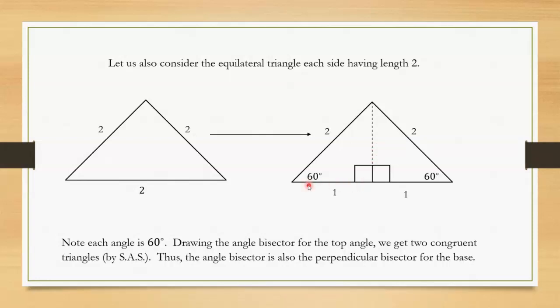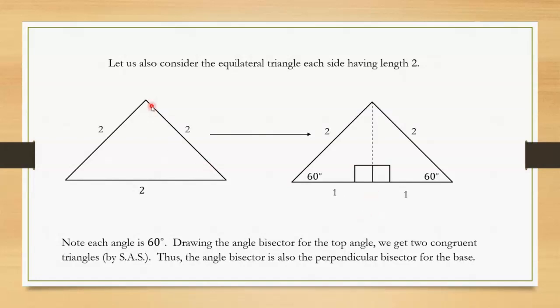This triangle has length 1, this has length 2. This angle up here is actually 30 degrees. Also, since all the sides are the same, all the angles are the same. Well, if they're all the same and the sum is 180 degrees, that forces the angles to be 60 degrees.